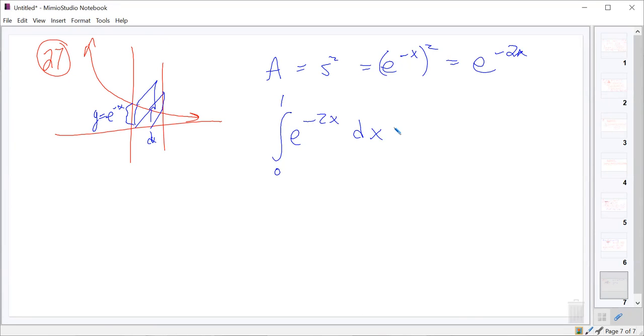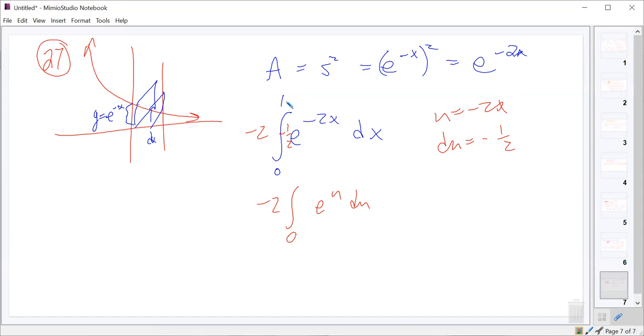Good with that so far, Serena? Yeah. Then how do we integrate e to the negative 2x? U substitution. U equals negative 2x, du equals negative 2 dx, so dx is negative 1/2 du. Put negative 1/2 outside. There's a negative 1/2 times an integral of e to the u du. And the integral 0 to 1 will become, well, if x is 0, u is still 0.